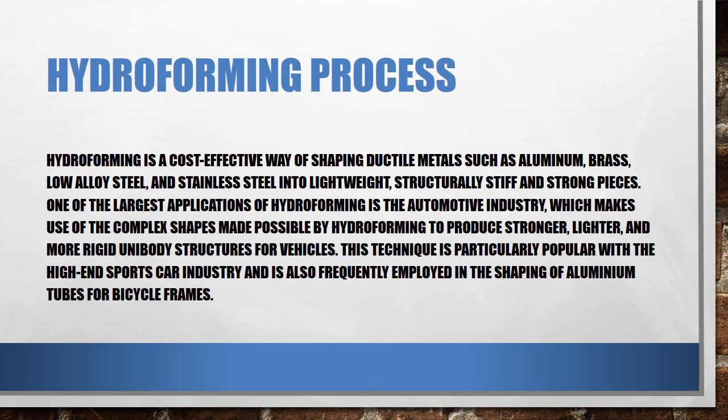One of the largest applications of hydroforming is the automotive industry, which makes use of the complex shapes made possible by hydroforming to produce stronger, lighter, and more rigid unibody structures for vehicles.